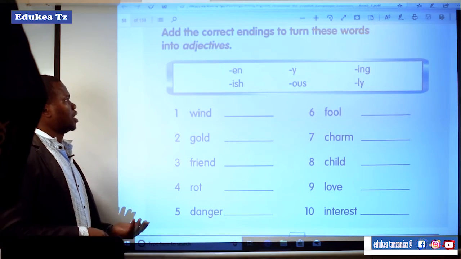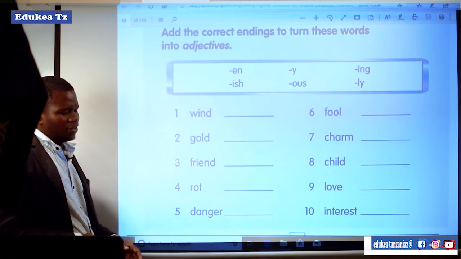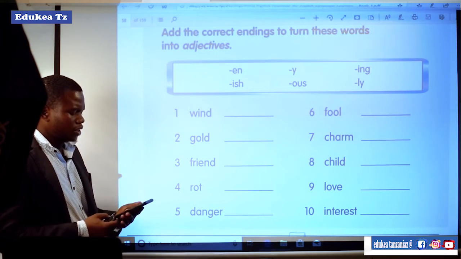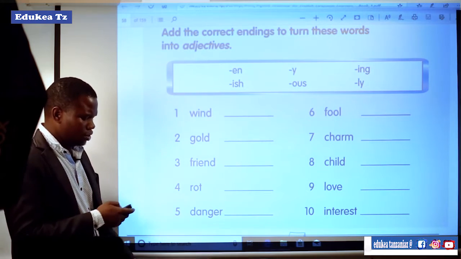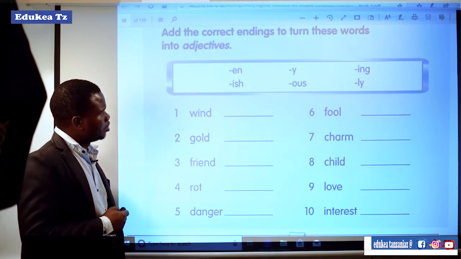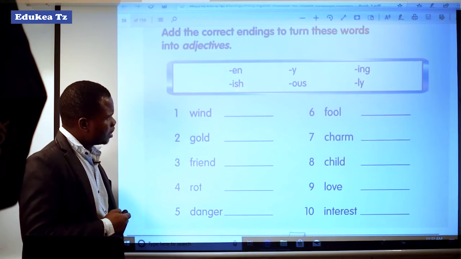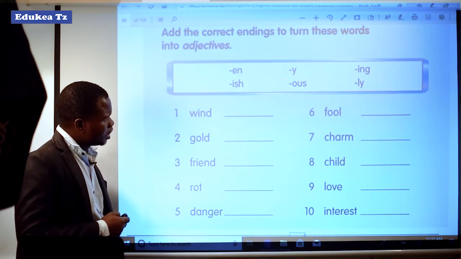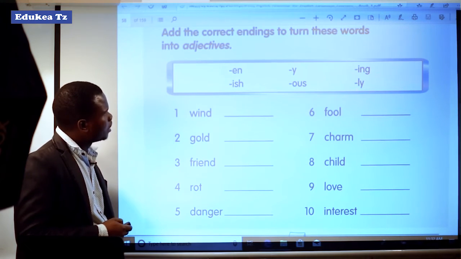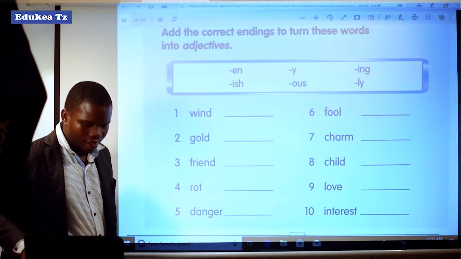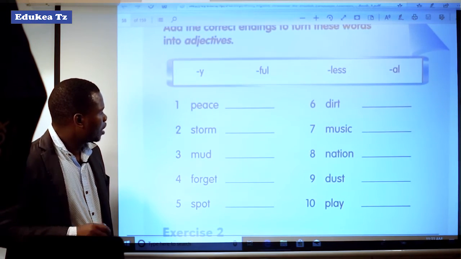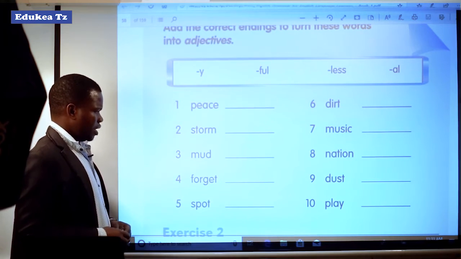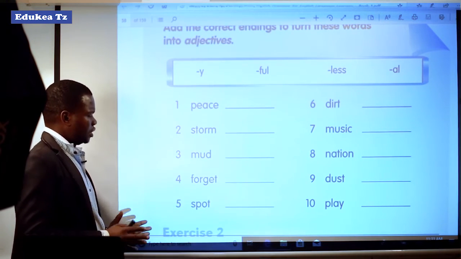So we have learned that adjectives come in different forms. We have adjectives ending with en, ish, y, ous, ing, as well as ly. Again, we have observed that we may form adjectives from other word classes.